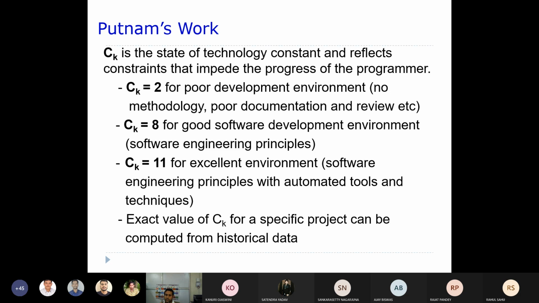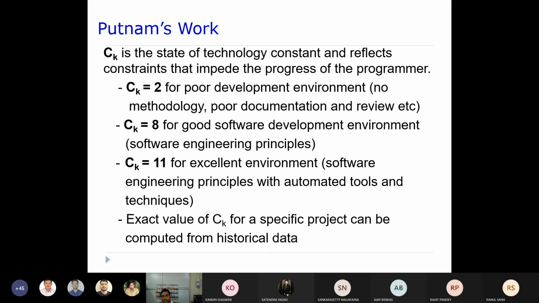Whatever principles we studied in software engineering, they are all being applied. In that case it will be very easy for the programmer, so that is the reason Ck will be more. The value is given as 8.